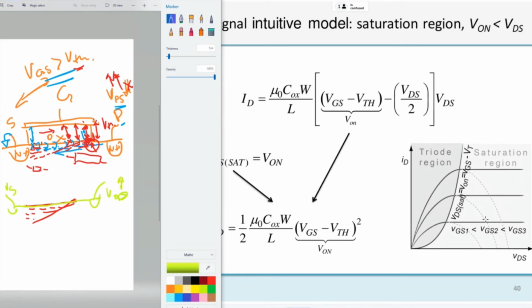So if I look at what's going on in the channel, and I look at the potential from this point, which is ground in the source, to this point, which is the drain source voltage, a higher voltage, in the channel I'll have a gradient from zero to the drain source voltage. At a certain point, the voltage between gate and this point will be exactly the threshold voltage.